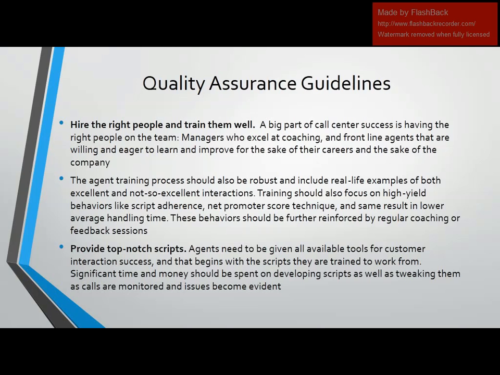Training should also focus on high yield behaviors like script adherence, net promoter score technique, and same result in lower average handling time. These behaviors should be further reinforced by regular coaching or feedback sessions.